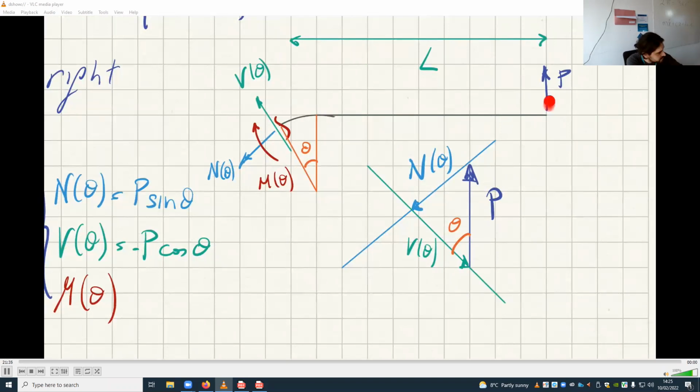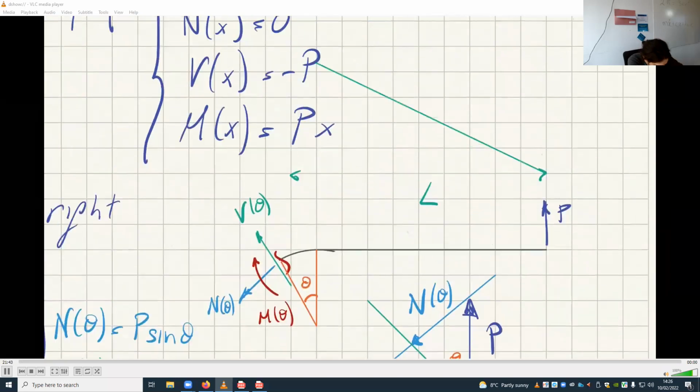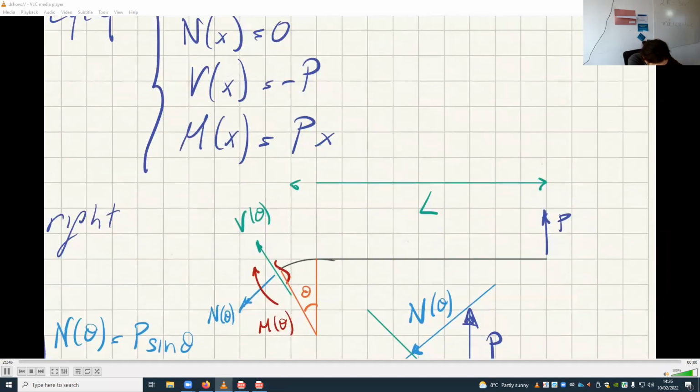So we have P times perpendicular distance. Now, from here to here, this is L. 100%. But what is this distance here? How much is this? Because the moment is P times L plus that thing. How much is that thing?